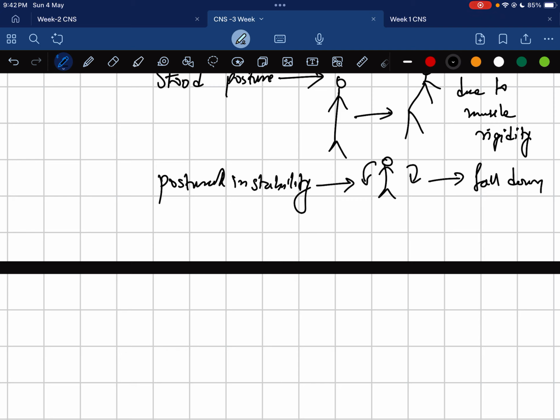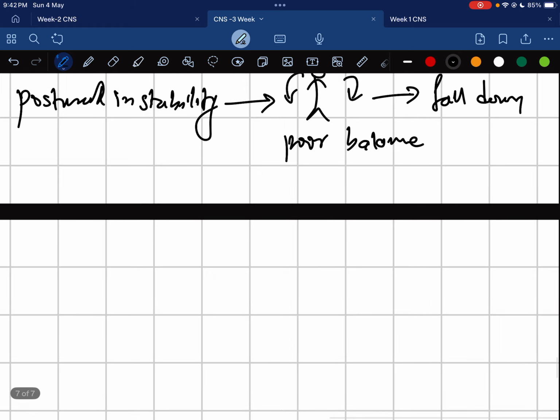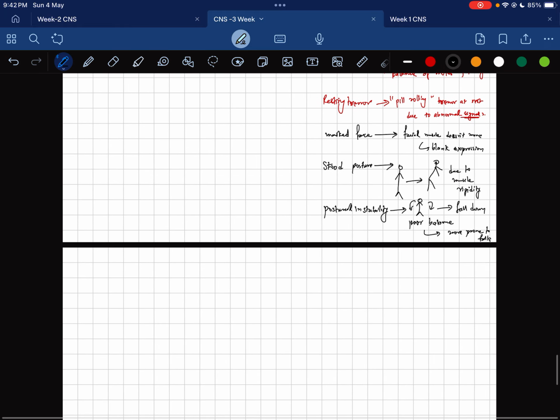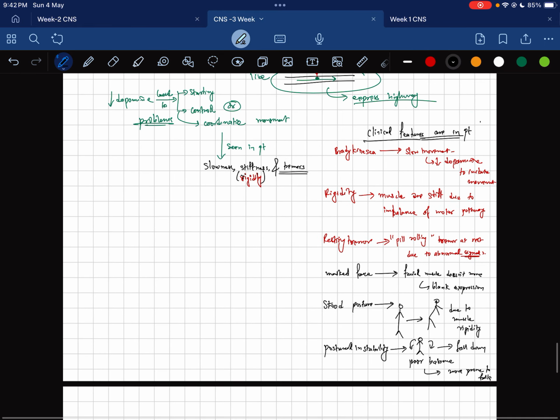So there is poor balance and they are more prone to fall. These are the clinical features of the patient.